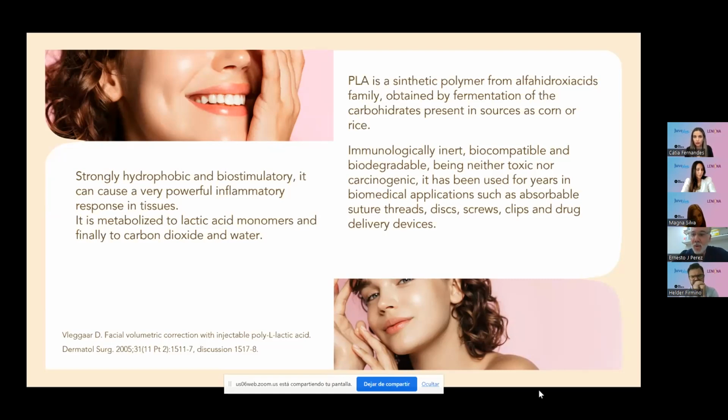It's a synthetic polymer from the alpha hydroxy acids family, and it is obtained by fermentation of the carbohydrates present in sources such as corn or rice. Immunologically inert, biocompatible, and biodegradable, it is not toxic and is not carcinogenic. It has been used for years in medicine, such as absorbable suture threads, discs, screws, clips, and drug delivery devices.